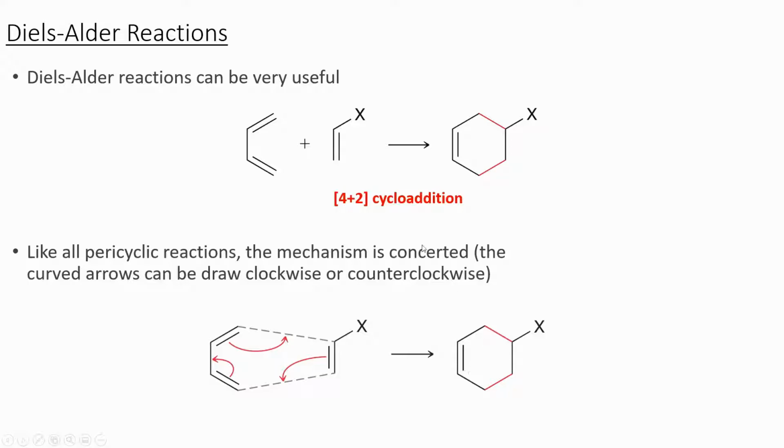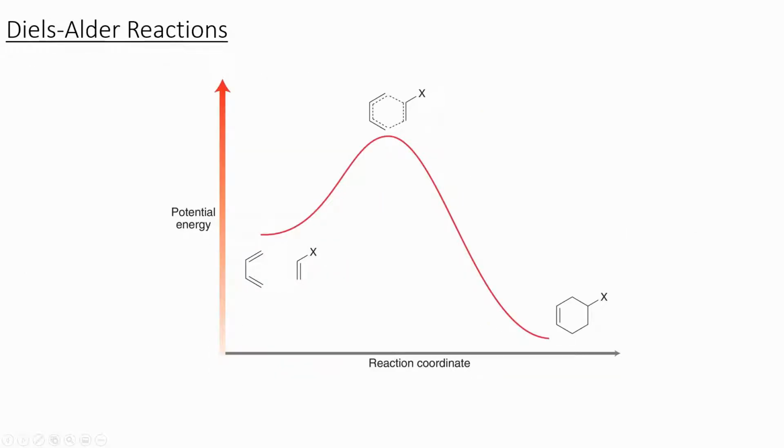The result is that we convert a diene and what we call a dienophile into an alkene inside a six-membered ring. We're going to focus on the Diels-Alder reaction for the majority of the rest of this chapter, as it is the most common example of a cycloaddition reaction.